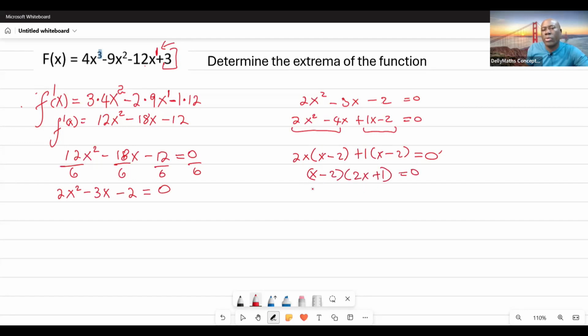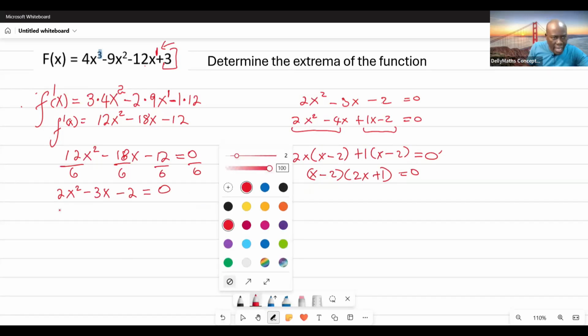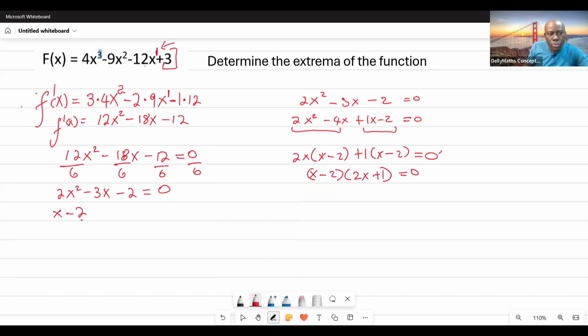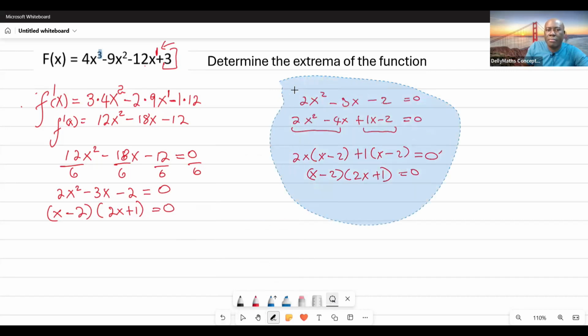So that's what we will be using. When it's factorized, this is what we have: x minus 2 times 2x plus 1 equals 0.